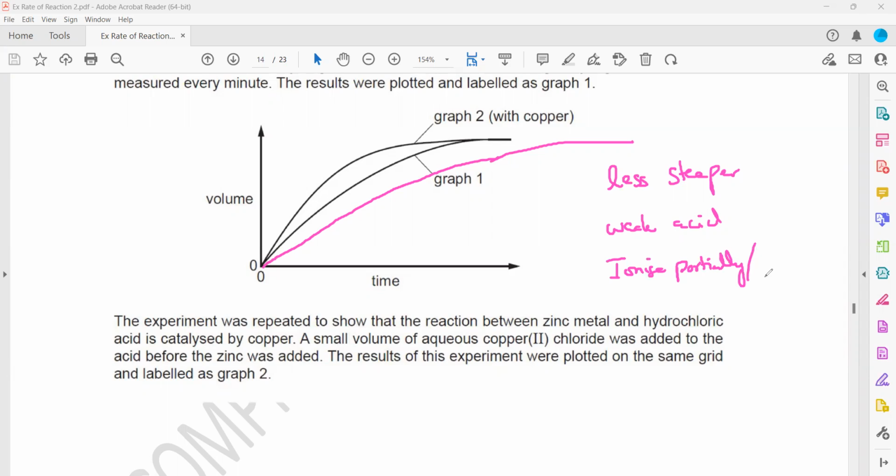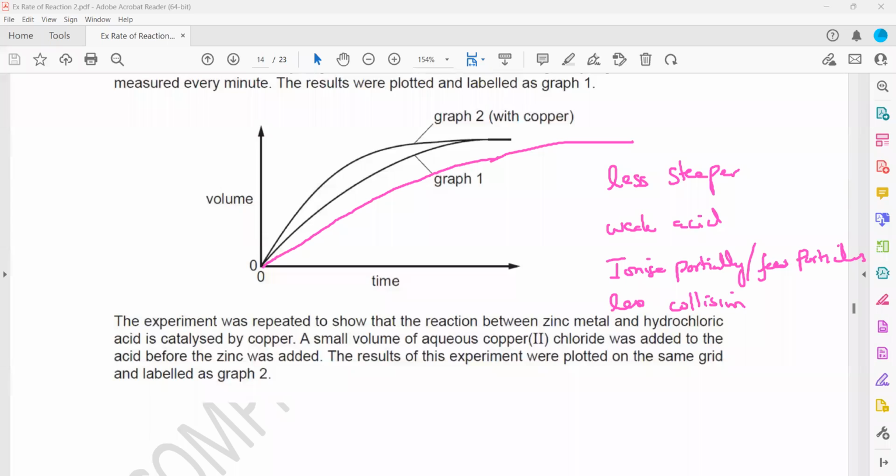So if it is ionized partially, it contains few ions or few particles to react. Few particles means they will have less collisions, less effective or successful collisions. So that's why the rate will be slower.